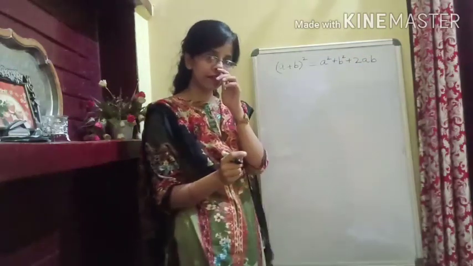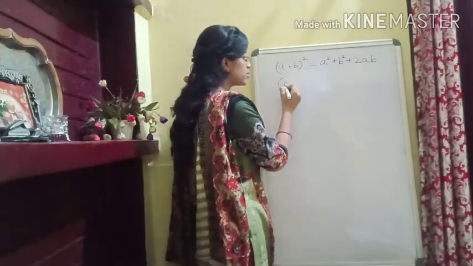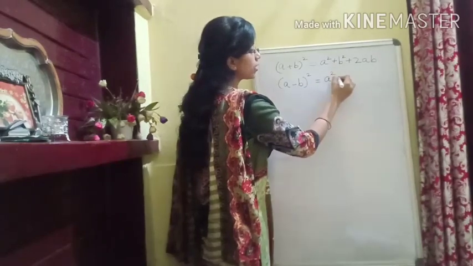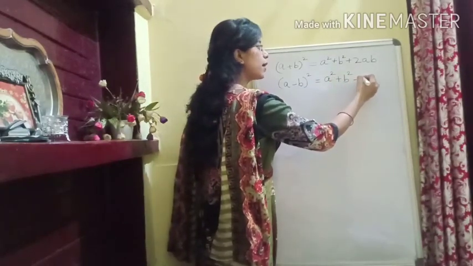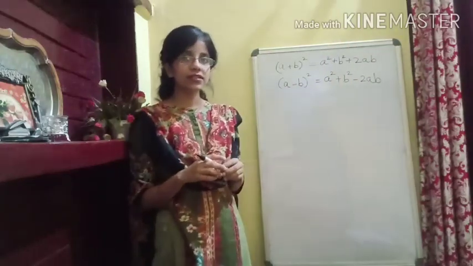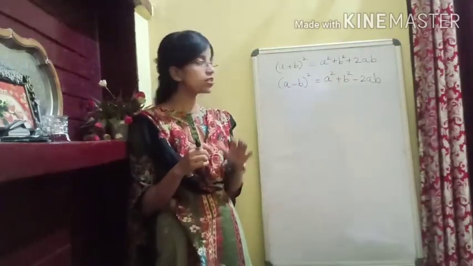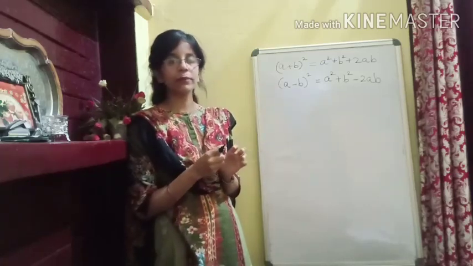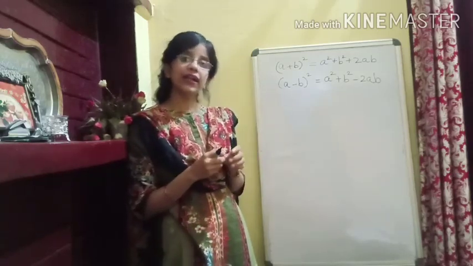We also saw the identity (a minus b) whole square, which is a square plus b square minus 2ab. Okay, we have seen these two identities. Also we have seen some questions based on these identities, and how to expand them depending upon these two identities.